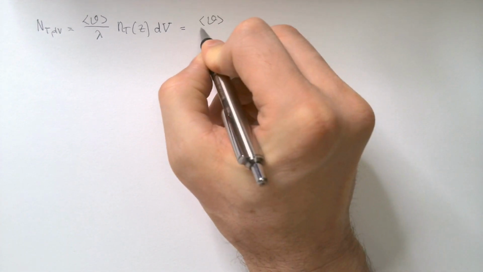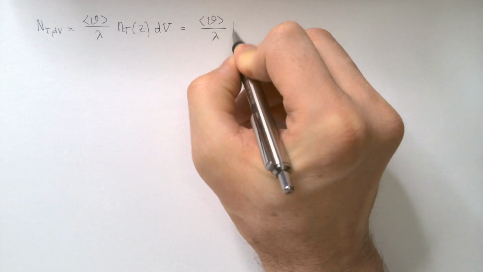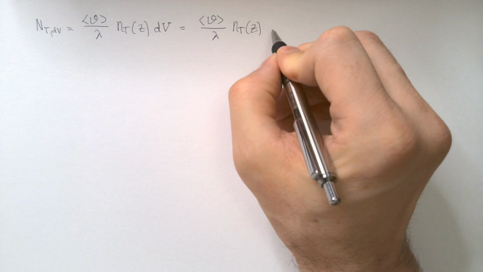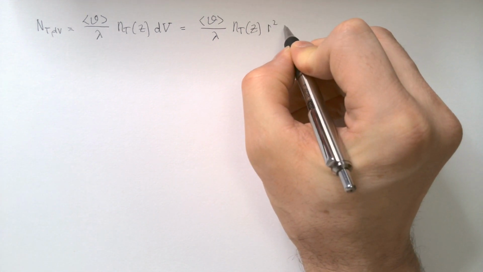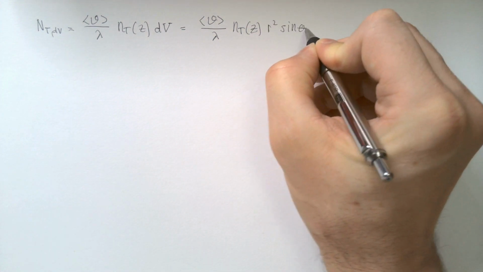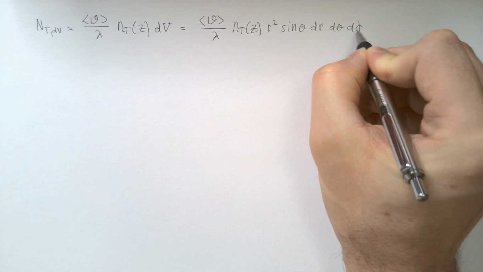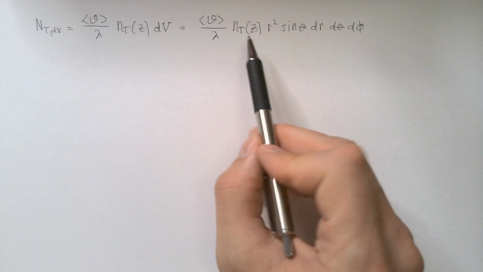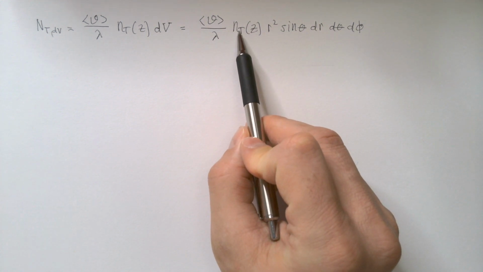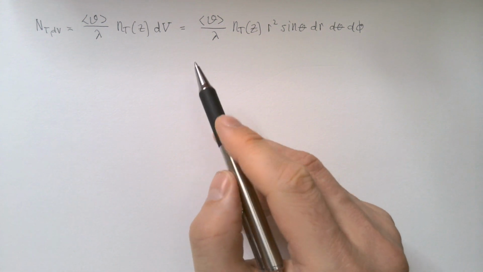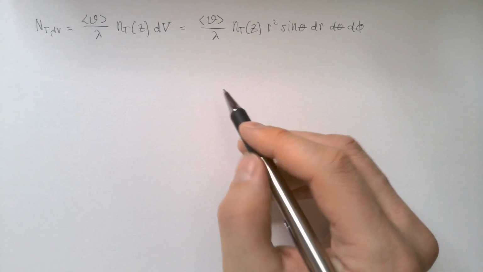So we have average v divided by lambda, nt of z, and this volume element, of course, is r squared sine theta dr d theta d phi. And furthermore, we will express this dependency of the number density of tracer particles with height z using Taylor series expansion.